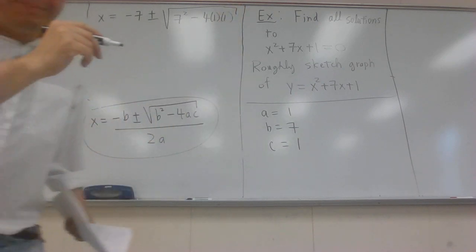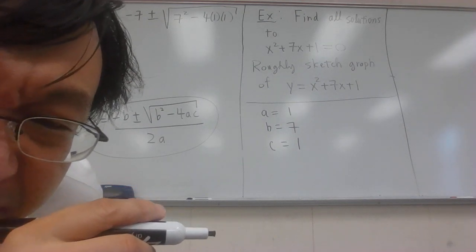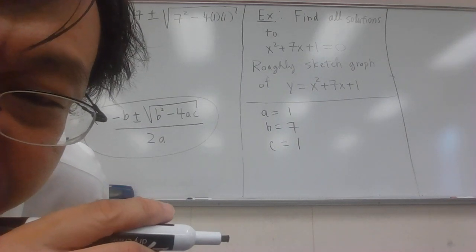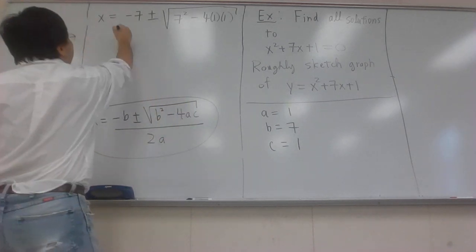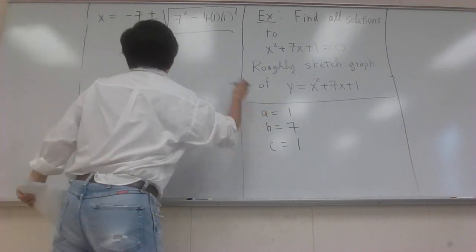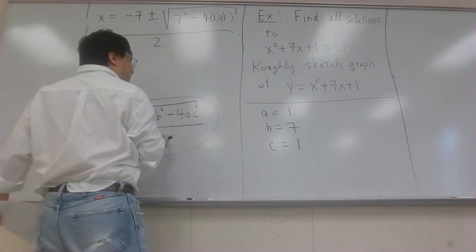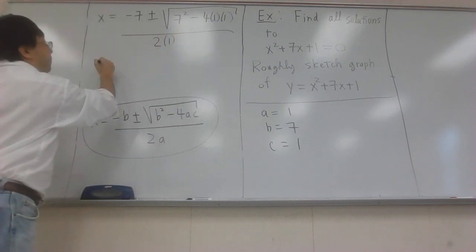Can you see this? I'm just checking to see if you can see this. Okay, it looks like you can. And then you divide the whole thing by 2 times a, by 2 times 1. Okay, so this is what you get when you apply the quadratic formula.